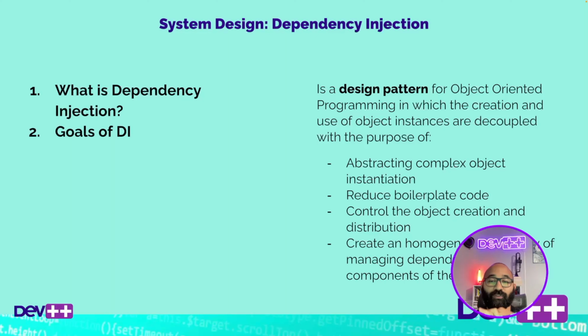First of all, abstracting complex object instantiation, meaning that let's say that we need an object, like a database connection, for example, that we need to use everywhere in our system.